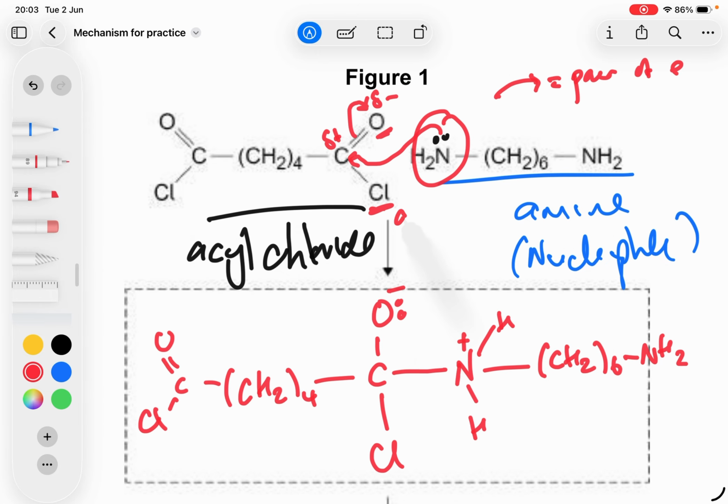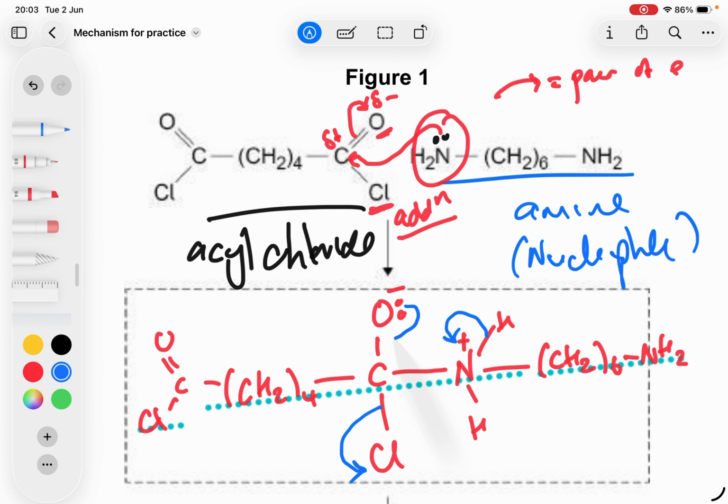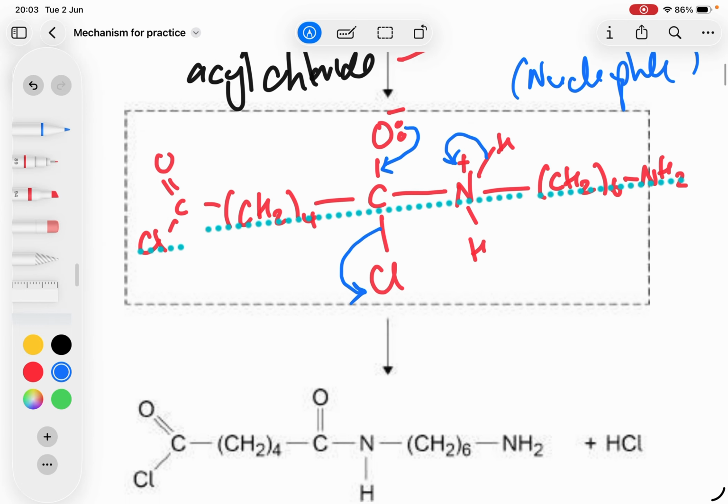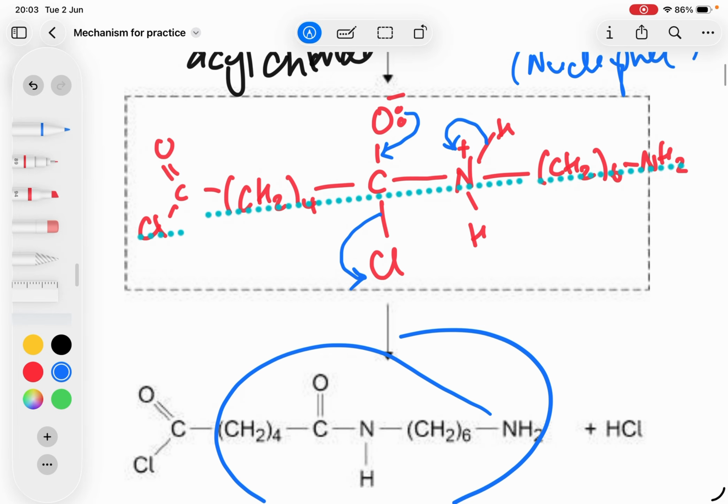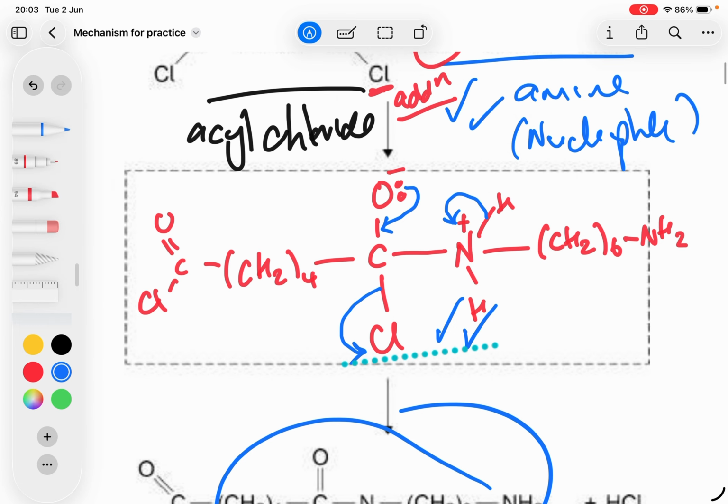Now that first part is addition and the second part is elimination, because what's going to happen now is the C-Cl bond is going to break, so we show an arrow for that. The N-H bond breaks like that, and the lone pair on the oxygen goes back in, and you form the product. So there are 2 marks here and 2 marks here. Nice easy mechanism, you will definitely get that. So that's nucleophilic addition-elimination.